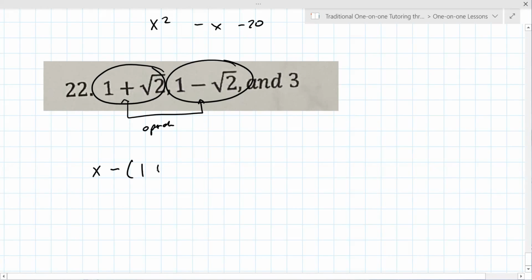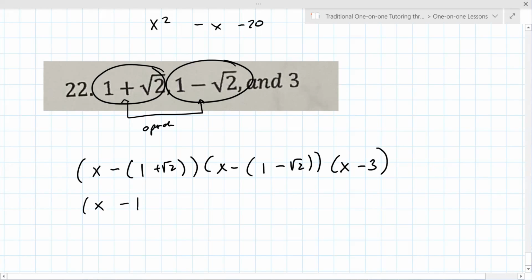So in this case, it's x minus 1 plus square root of 2, and then x minus 1 minus square root of 2, and then x minus 3. So we distribute the negative: x minus 1 minus square root of 2, x minus 1 plus square root of 2, x minus 3.